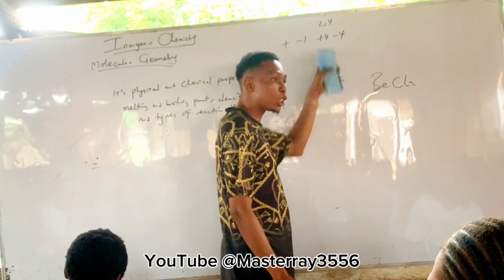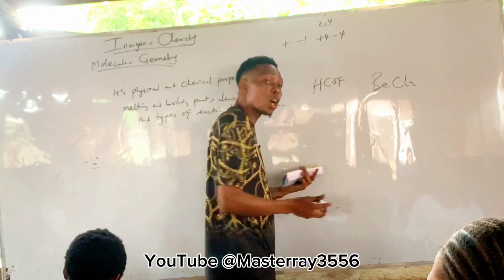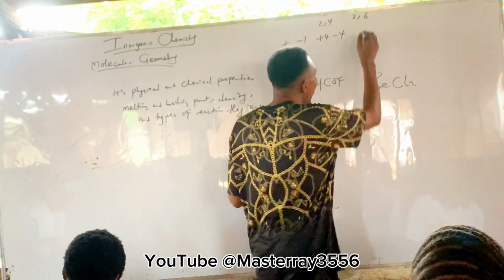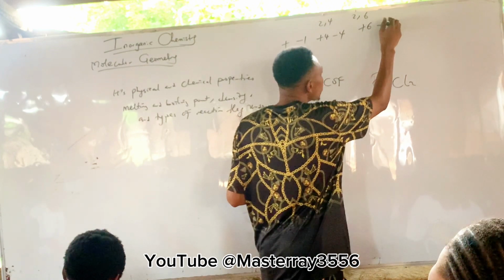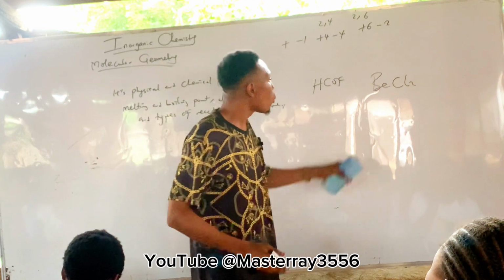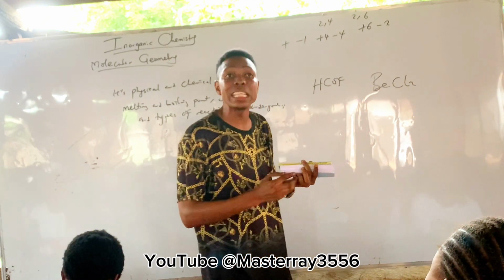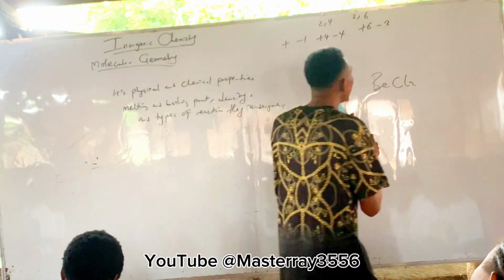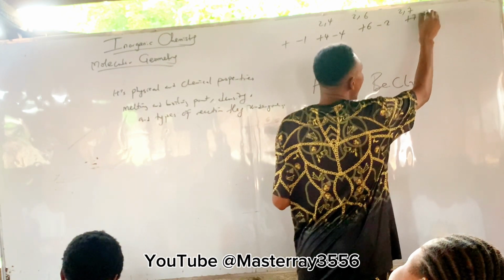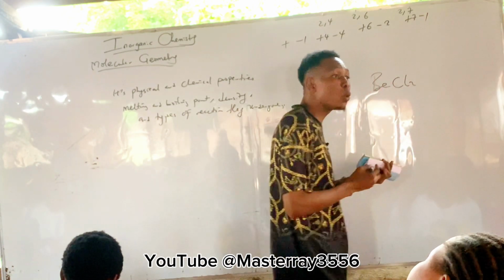It needs 4 to complete the shell. Oxygen is 8, that is 2 and 6, so plus 6 and minus 2. It needs 2 to complete 8. Chlorine is 9, that is 2 and 7, so plus 7 and minus 1.